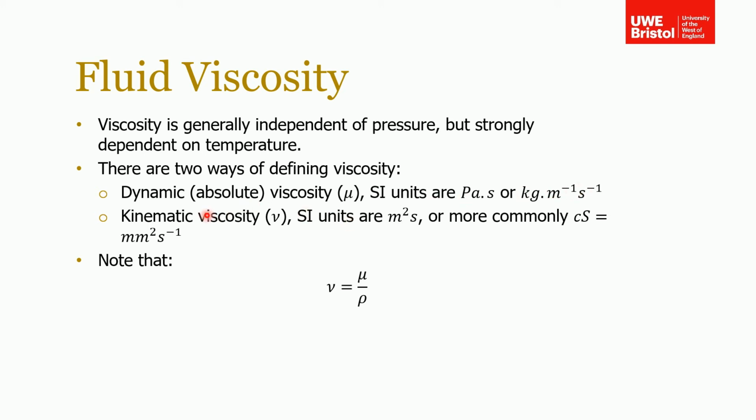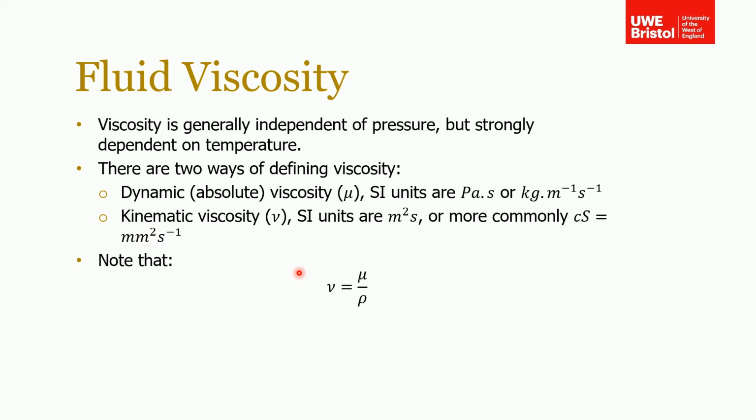But it can also be defined in terms of kinematic viscosity, and that has the Greek letter nu, spelled N-U, and the units of this are meters squared per second, or more commonly it's defined as centistokes. And 1 centistoke is 1 millimeter squared per second.